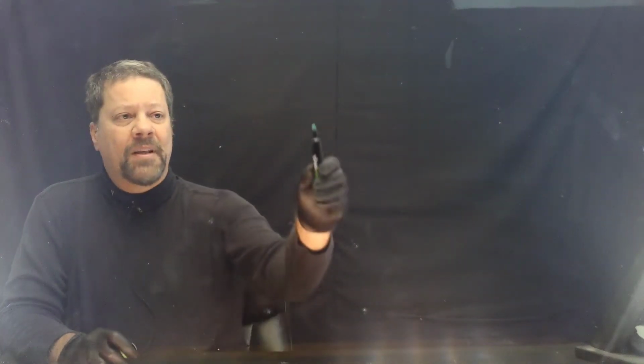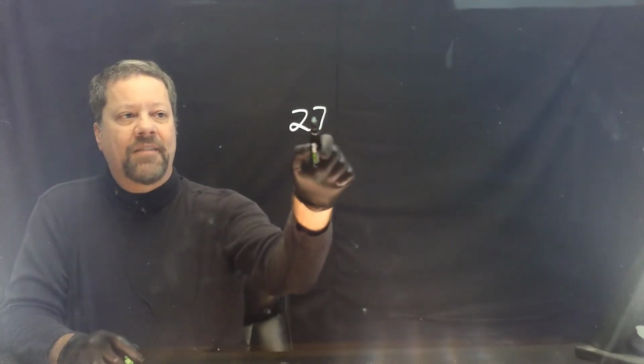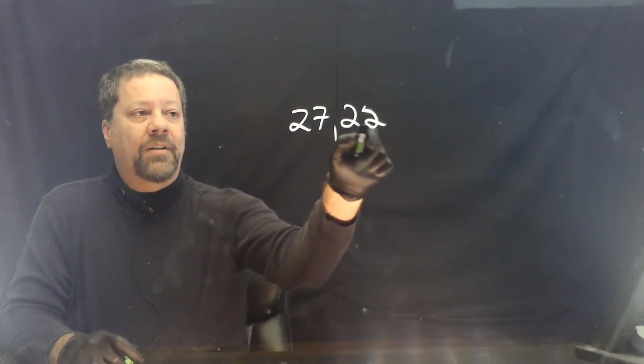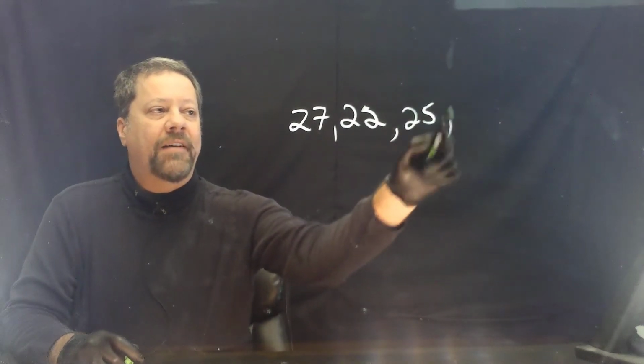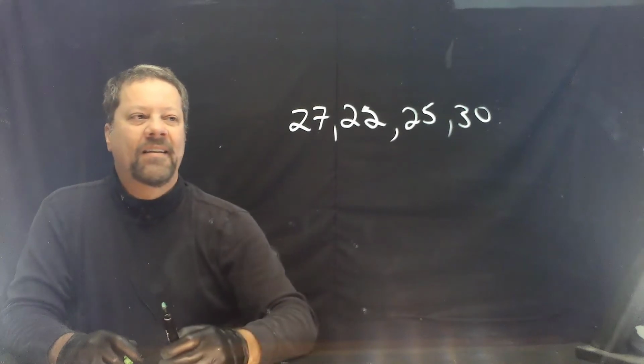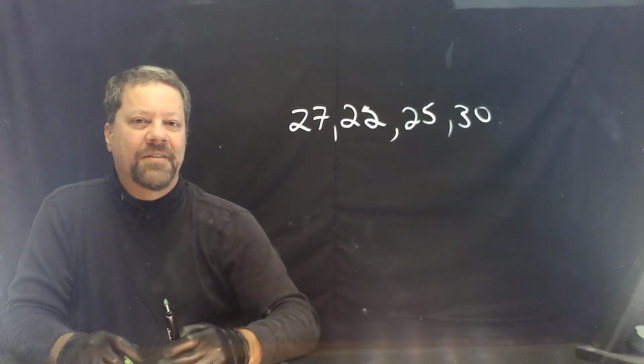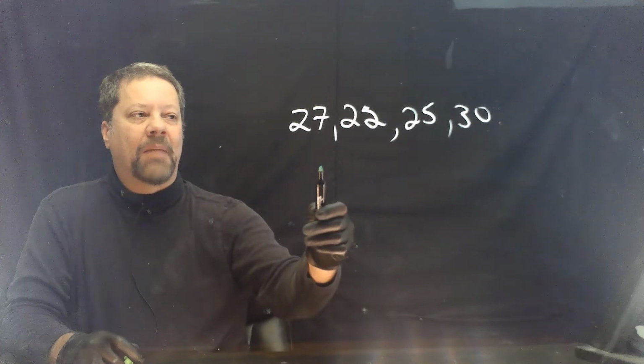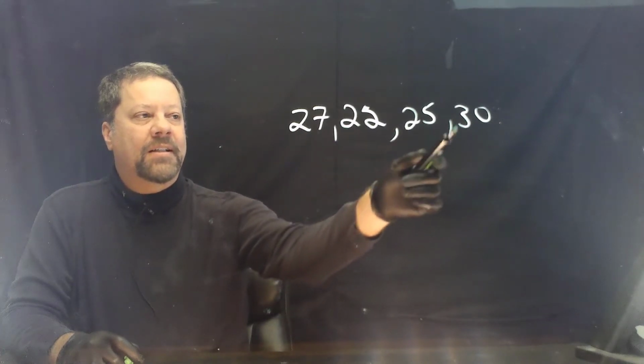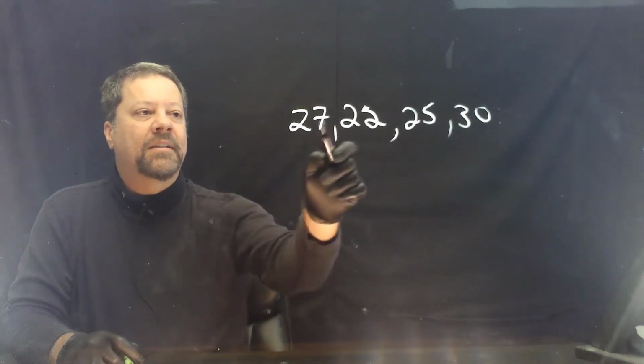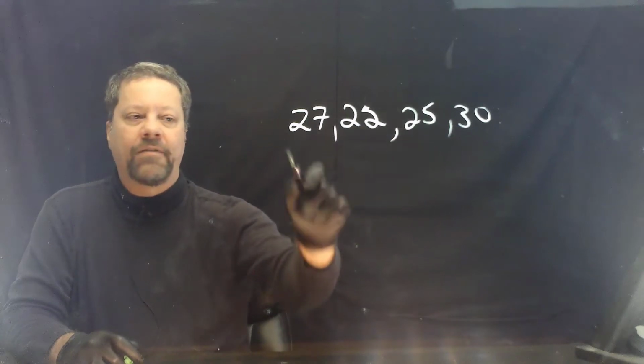As an example, suppose our data set consists of 27, 22, 25, 30, and we want to find the average. What we'll do is add them all up: 20, 40, 60, 70, 80, 90, 99, 104.